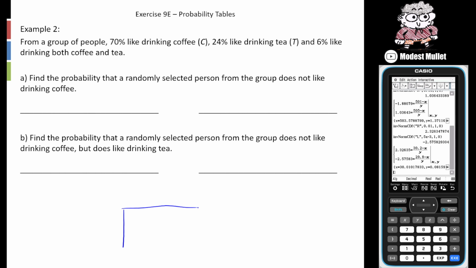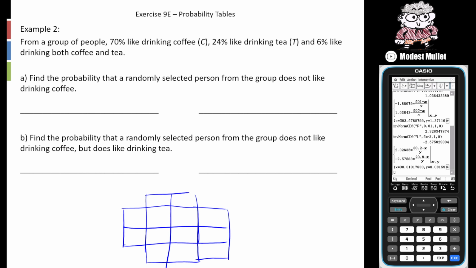So let's make a table like that, and we're going to go coffee, not coffee, tea, not tea. We know the probability needs to be equal to 1. And we could put these in as percentages, so it could be 100% instead, or we could do it as decimals. So we'll do decimals, so total is 1. So 70% like drinking coffee.